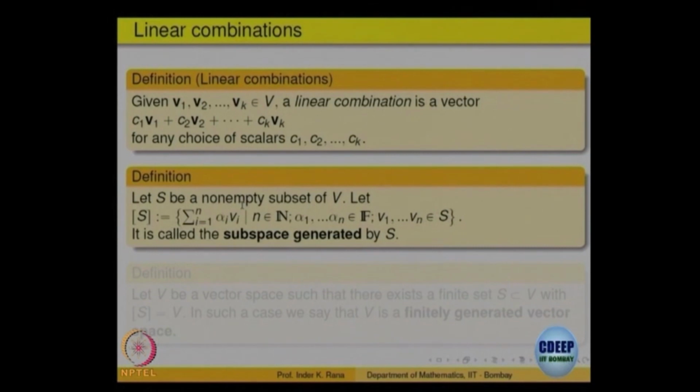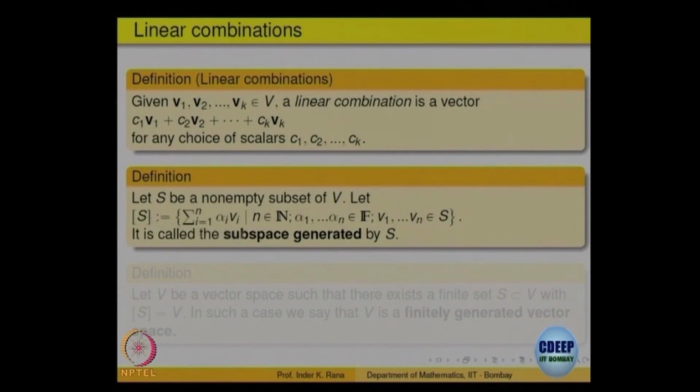We are defining only finite linear combinations, because if it is infinite we do not know how to add them anyway. In a vector space there is no concept of adding an infinite number of them, only a finite number is possible, because you can add again and again up to a finite stage. So, look at all linear combinations of elements of S, where n is varying, the alpha i's are varying and the V i's are varying. All possible linear combinations, call that the square bracket S.